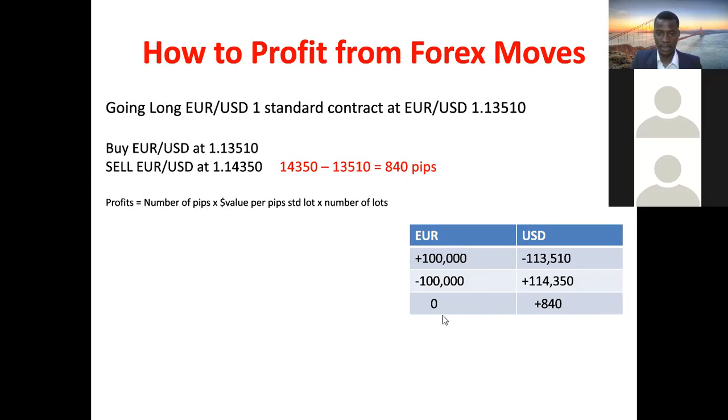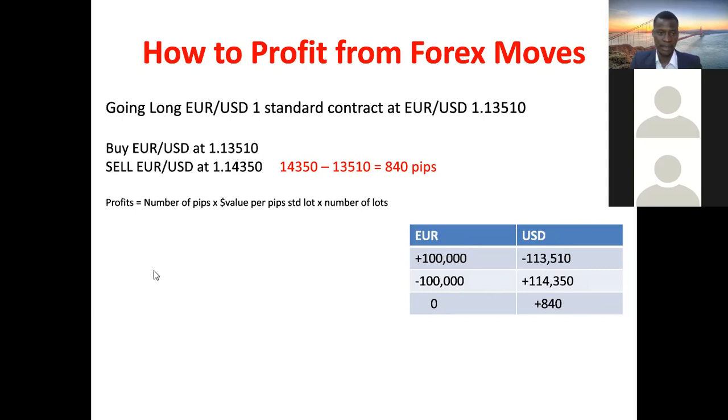This is how it is in tabulated form. If you add this up, you're going to get plus 84, which is the 84 pips. That's how we get 84.